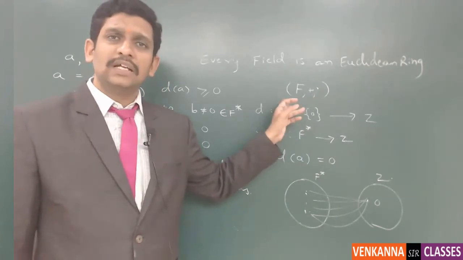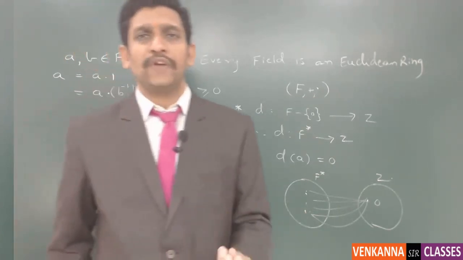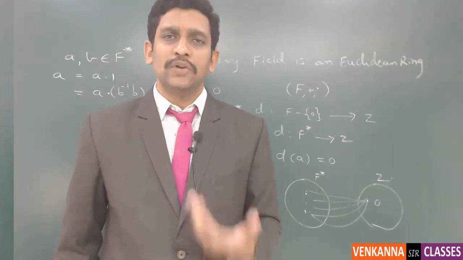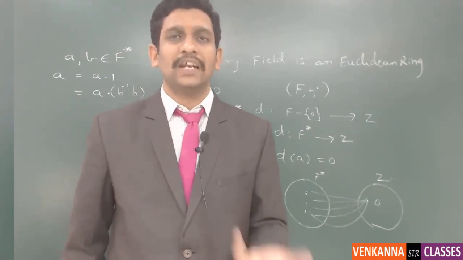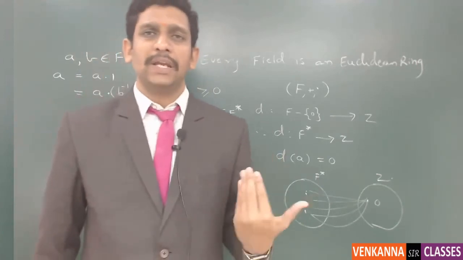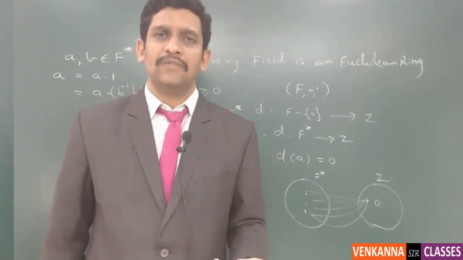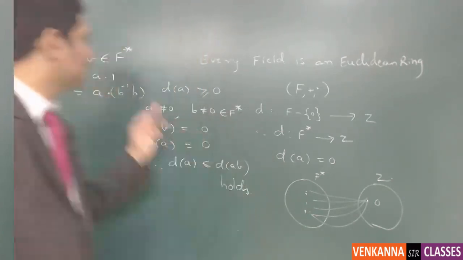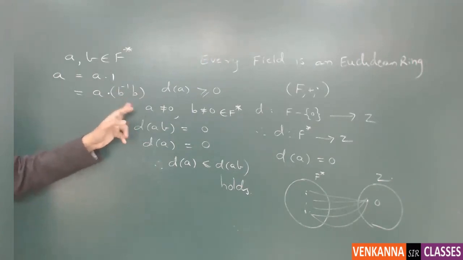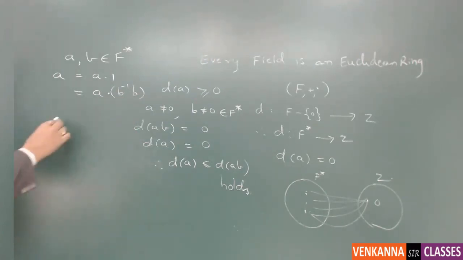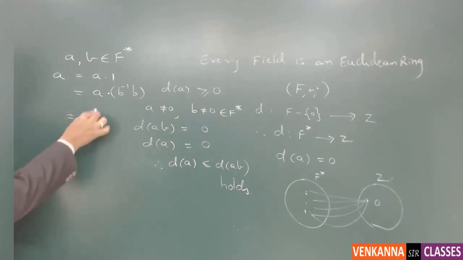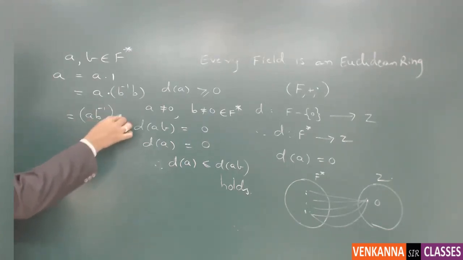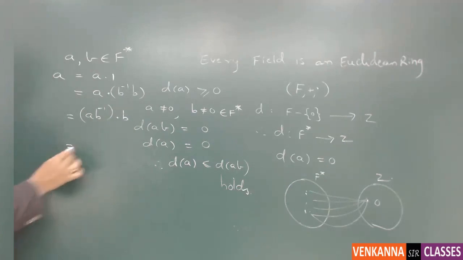Since F is a field, the special property of a field is that any non-zero element always possesses an inverse. So if you take the element B, its inverse is B inverse. If you multiply them, B dot B inverse is nothing but 1. So you can write 1 as B inverse B. If you apply the associative law, you can write it as AB inverse dot B.